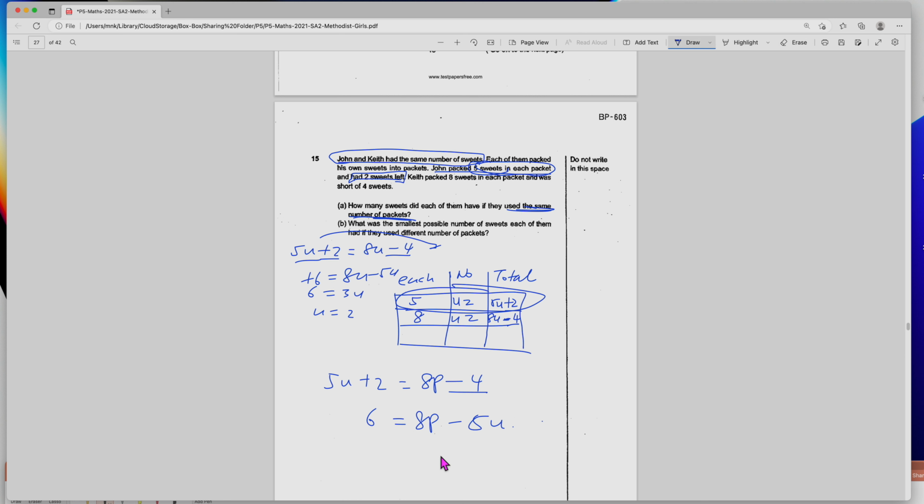Then how? If 2 and 2, they have the same, right? What about 2 and 3? The difference is 1, right? But now you need a difference of 6.